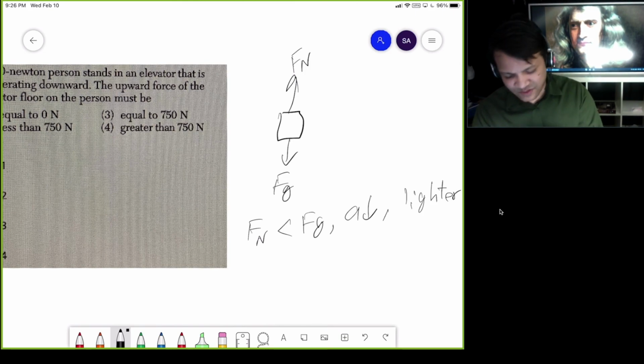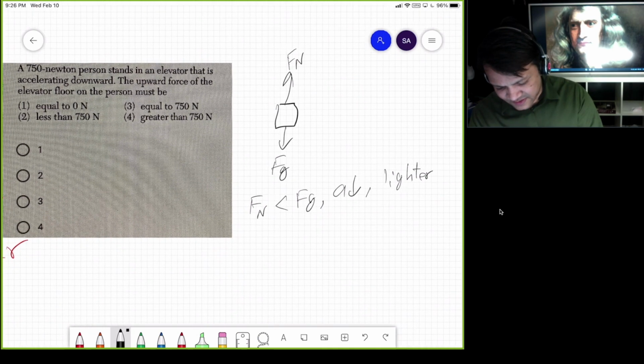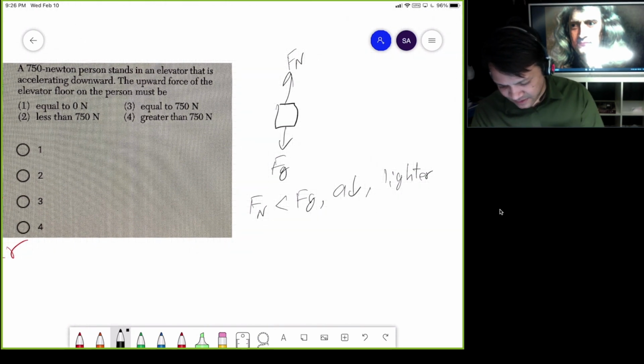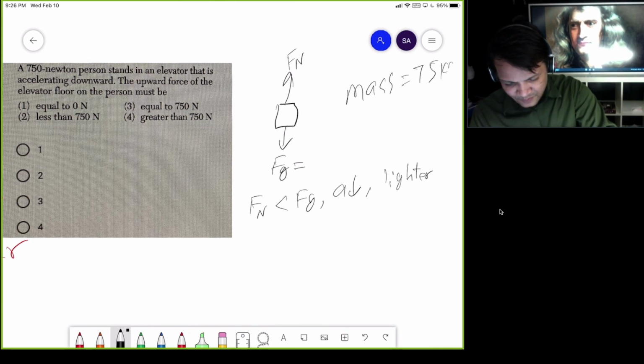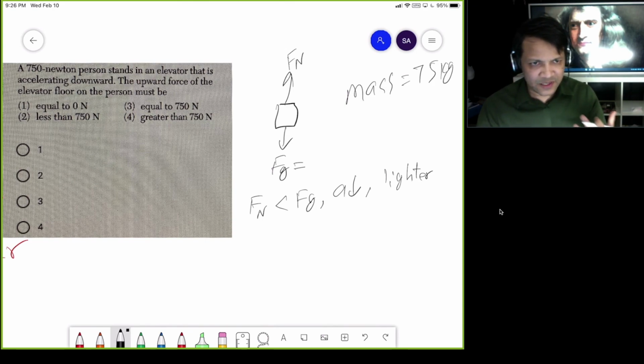So 750 Newton is 75 kilogram, so the person's mass is 75 kilogram, and the scale will read less than 75 kilogram.